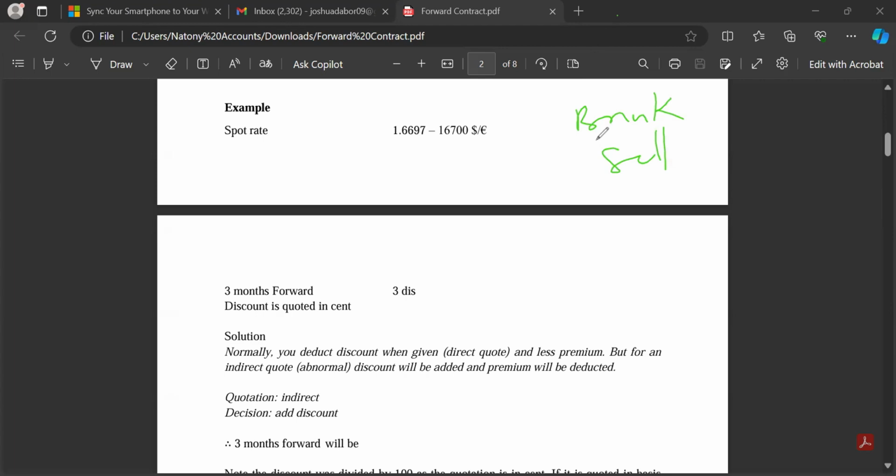This is an indirect quote, so the bank will sell at this rate and buy at the second rate. Therefore, the rate that we apply will be 1.6697 dollar to the euro.